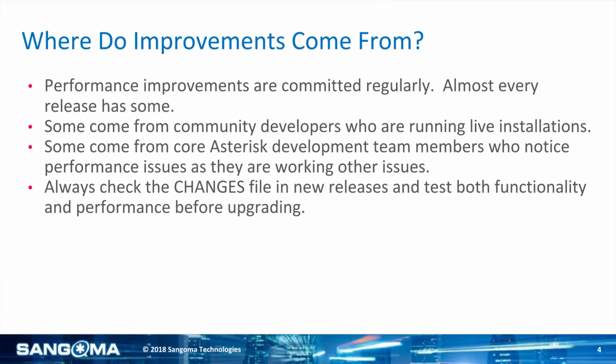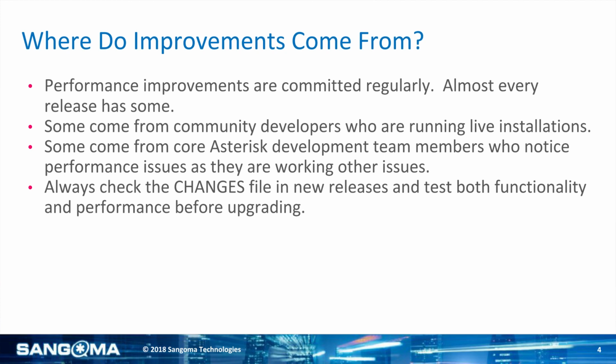So where do the improvements come from? Yeah, about half of them, I would say, come from the community, and the other half come from the Asterisk team at Digium Sangoma. We really like the ones that come from the community because they're based on real-life usage. The Asterisk team is a fairly small team, and we don't actually run Asterisk ourselves. Now, Digium Sangoma obviously does.